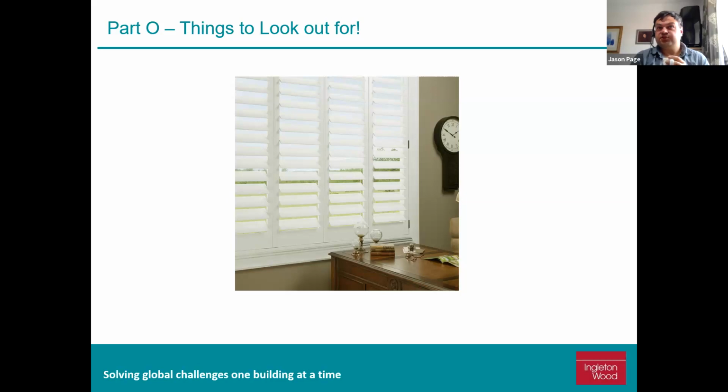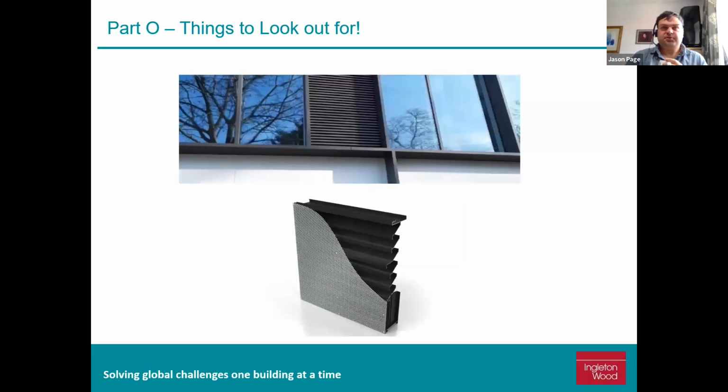External shutters are even better as they prevent solar radiation getting through the glass in the first place, but they switch us to using inward opening windows, which again is not the norm for us. However, hold on to that thought with inward opening windows because it's an interesting conversation. Or ventilated louvered panels.